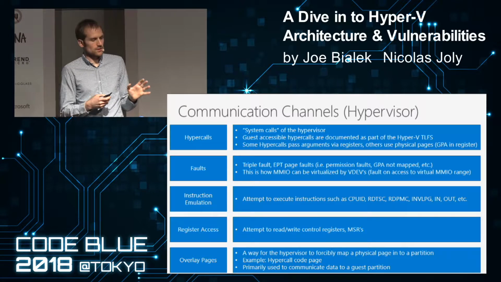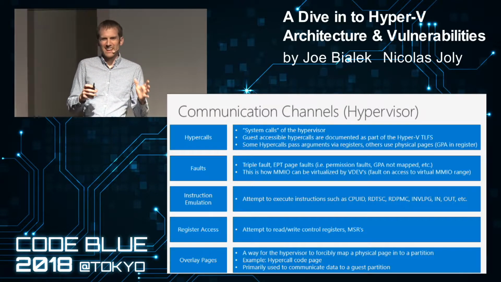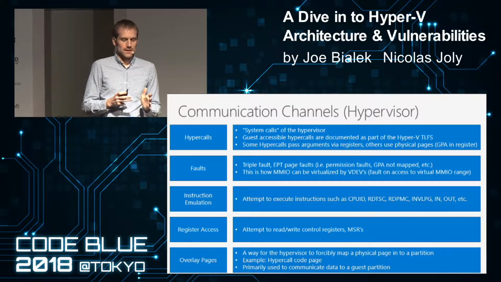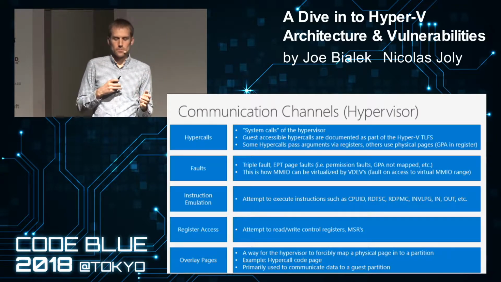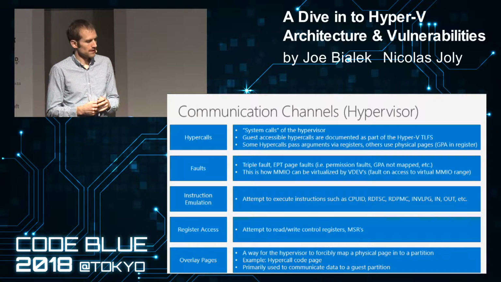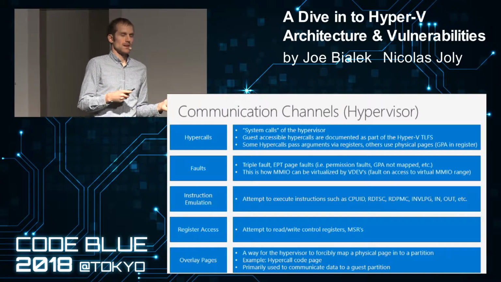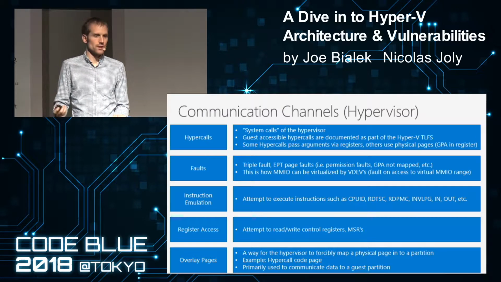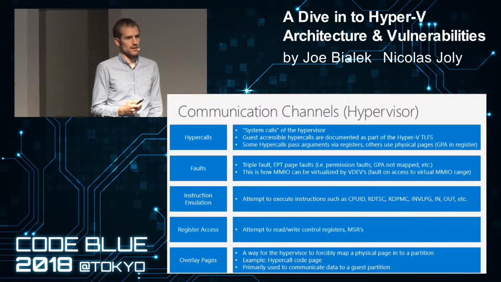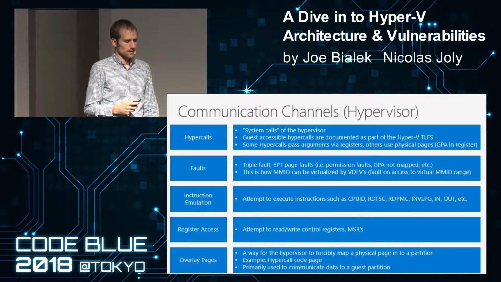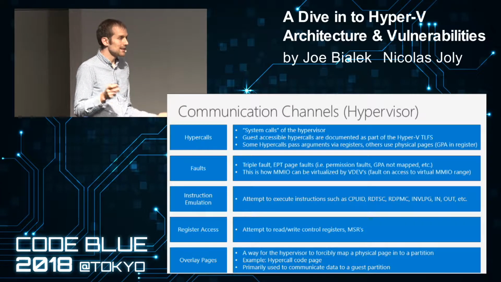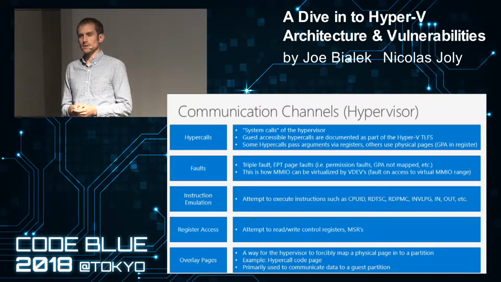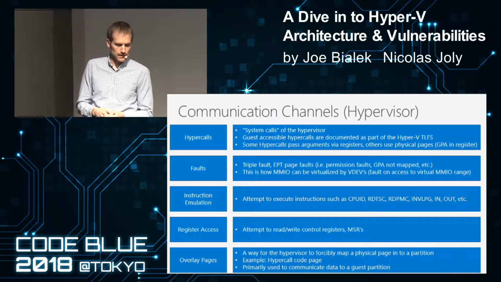There's a number of other ways that you can indirectly communicate with the hypervisor. They're not the best of attack surface, in my opinion. It's things like faults. If you have a triple fault in your virtual machine and it's about to crash, the hypervisor will intercept that triple fault and can do things. If you have an extended page table fault, the hypervisor will receive a trap and will decide what to do about that.